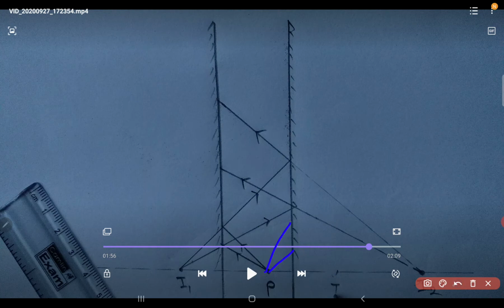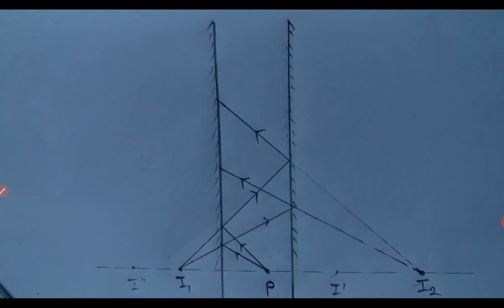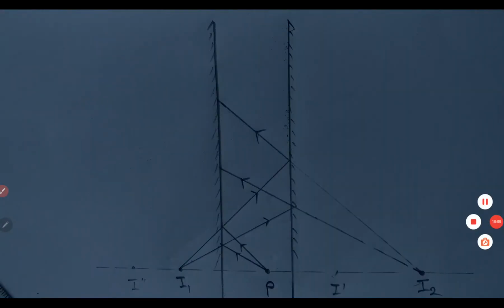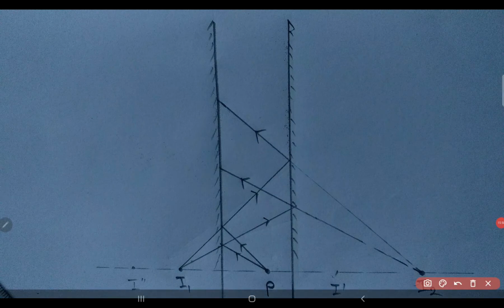I hope you are understanding this particular diagram. So this is how we have drawn. We can continue with the number of rays also. So I am putting the other one I double dash. So I hope you have understood how to draw the diagram. Again in your book 2 more rays are shown. I could have taken one more image here, that shall be my I3.